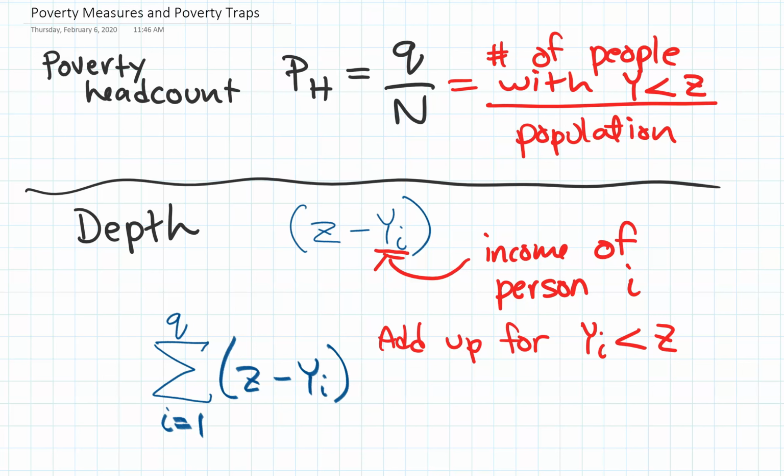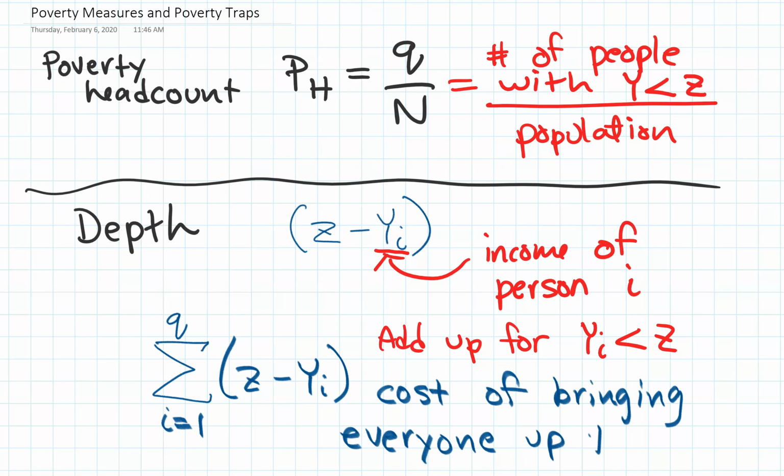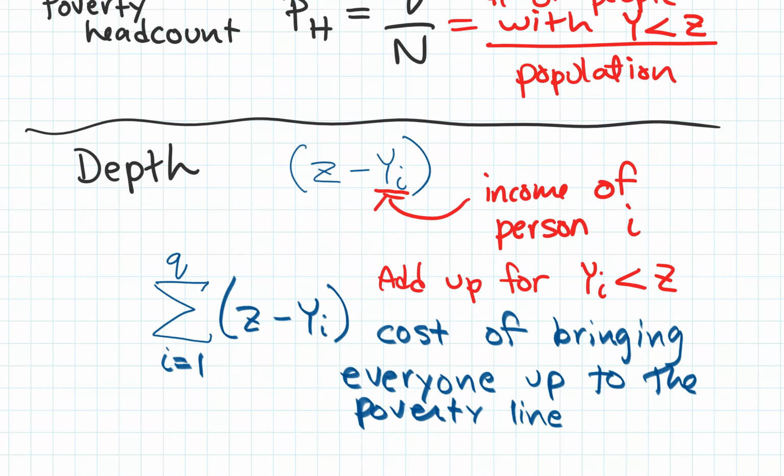Okay, and what's the interpretation of this? Well, it actually has kind of an interesting interpretation. You're going to come up with some value, and this number is the cost of bringing everyone up to the poverty line. This is not forever. This is just at some point.